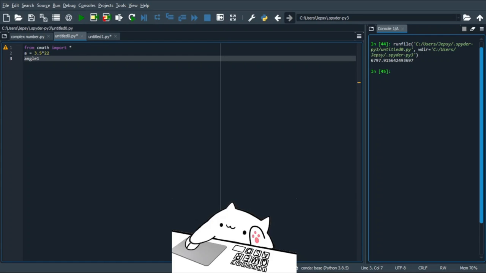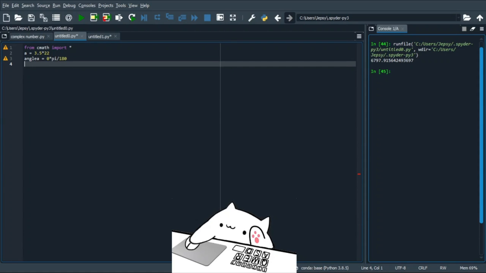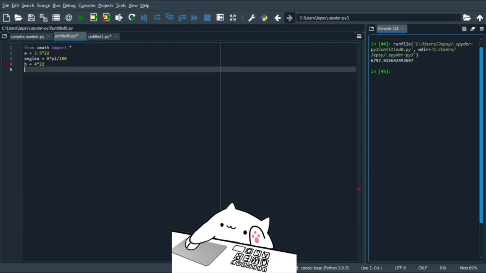Angle A is equal to 0 times pi all over 180, and your B equal to 4 times your 22 knots, then your angle B equal to 90 degrees times pi divided by 180.